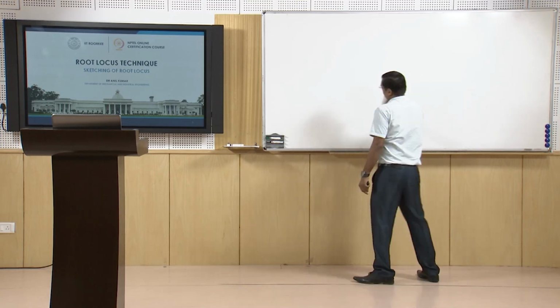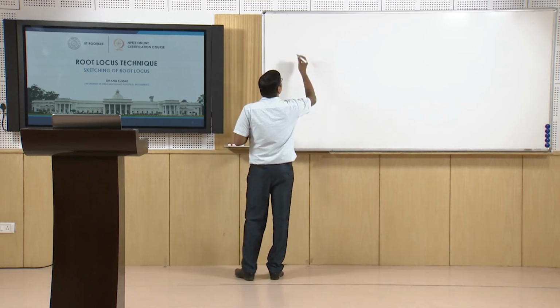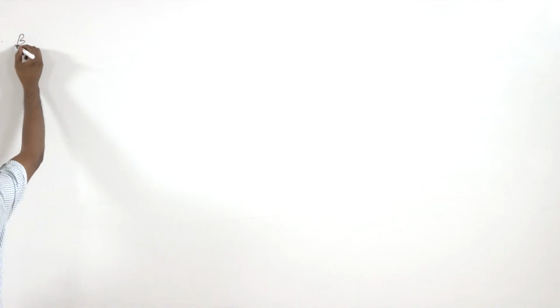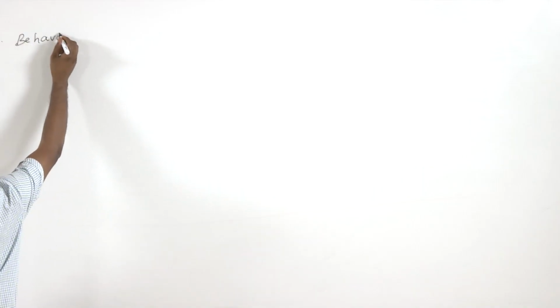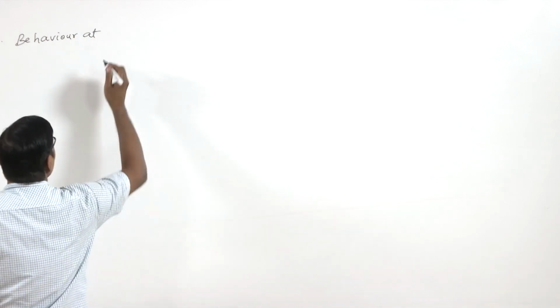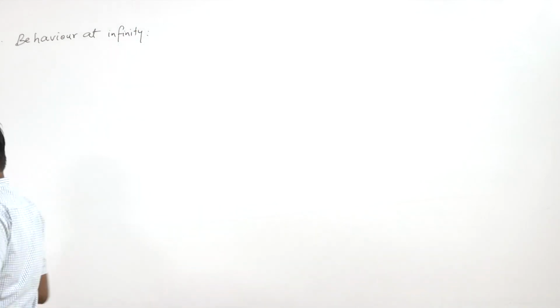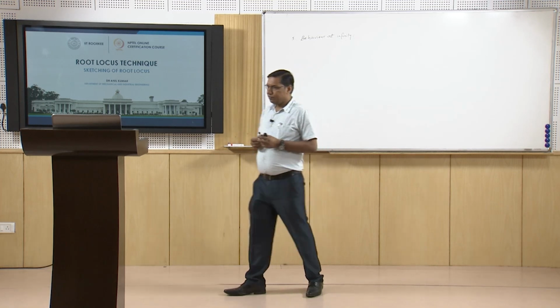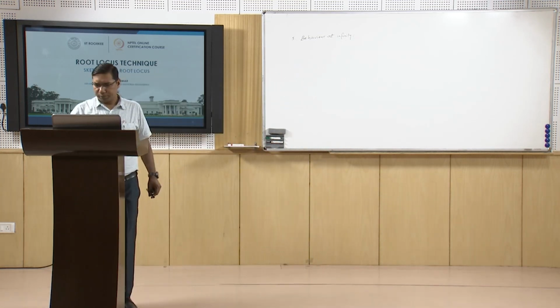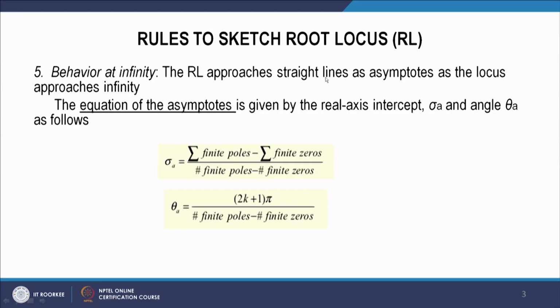Now one more point we will discuss, that is this fifth point, that is behavior at infinity. So here the root locus approaches straight lines as asymptotes as the locus approaches infinity.